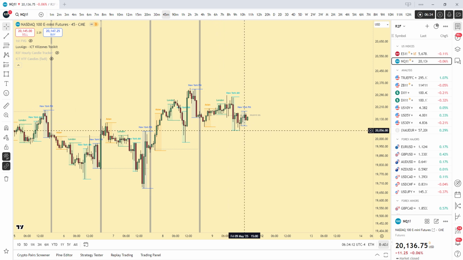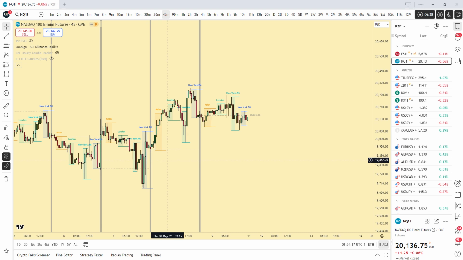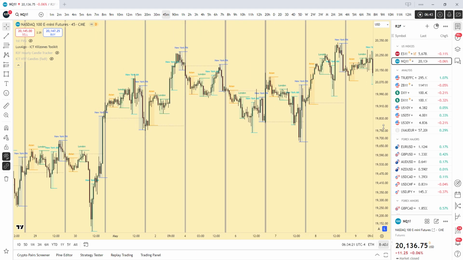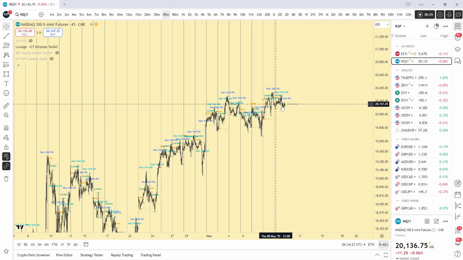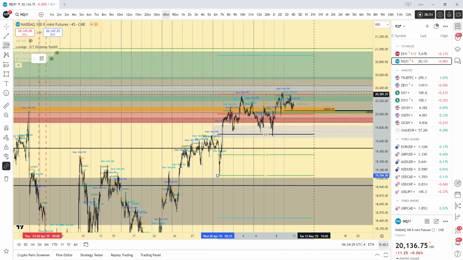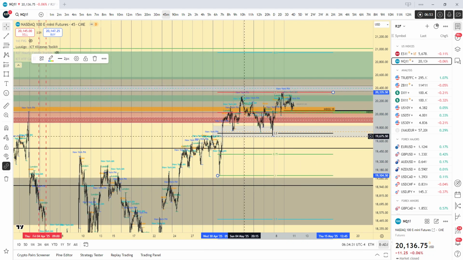Okay. So we've got New York AM session, equal lows there. I can't see any equal lows there. And maybe, I think we come down into this area, more of a discount. See this move up. Just barely came into the OTE, equilibrium.